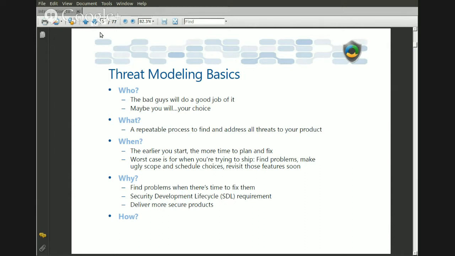And then you have the what, which is basically just a repeatable process to find and address all threats in your product. This is what we talked about with CMMI in terms of software design and development: you have to have repeatable processes because if you change something, how will you know if it will work in the future?